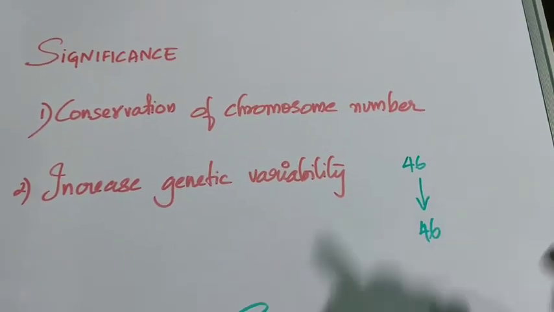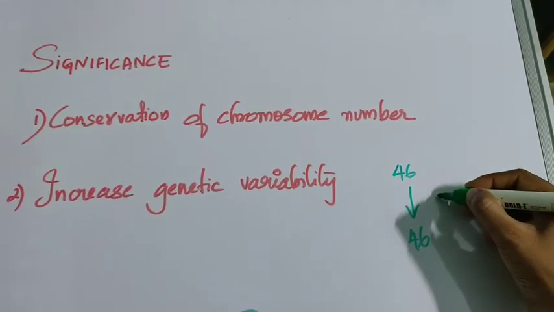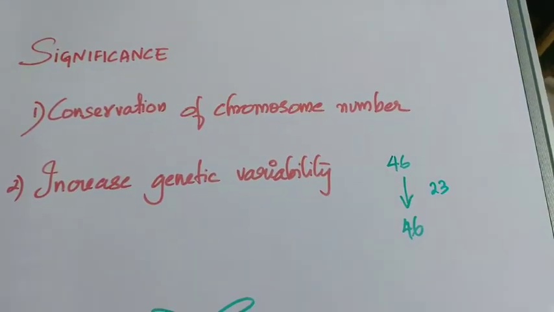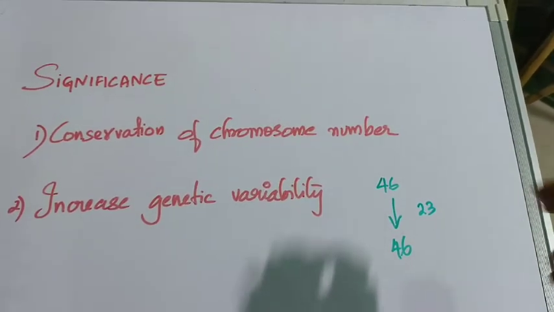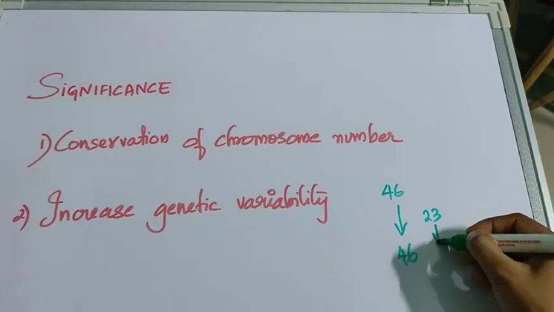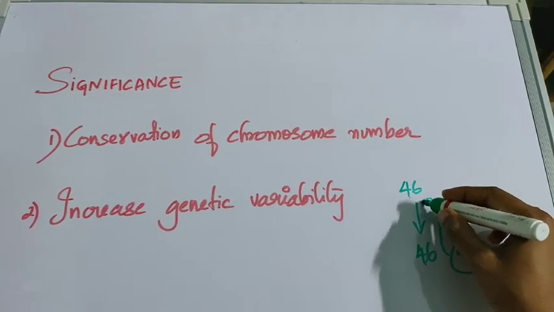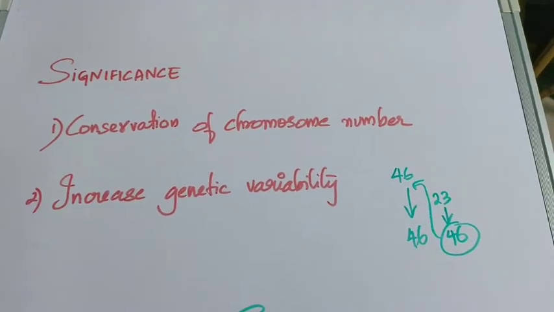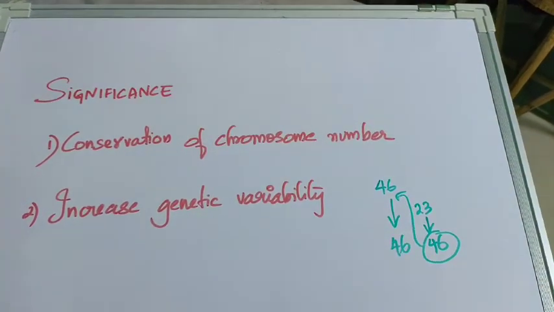And for this, it is very important that the gametes which are formed are having half the number of chromosomes. Only then, during sexual reproduction, when two gametes are fusing together through fertilization, the resulting progeny will have the number of chromosomes as same as the parent. Okay, it will become diploid. And the cell division that helps in this is meiosis.